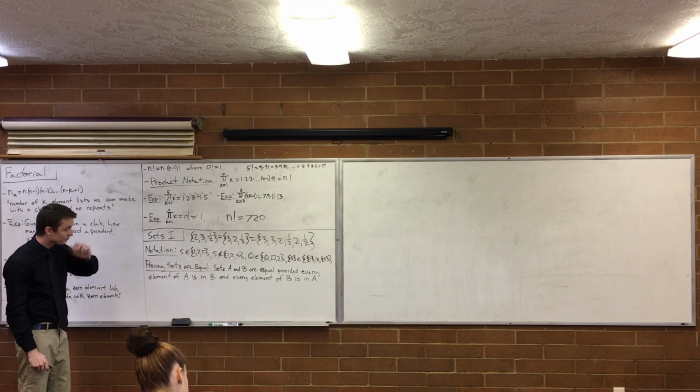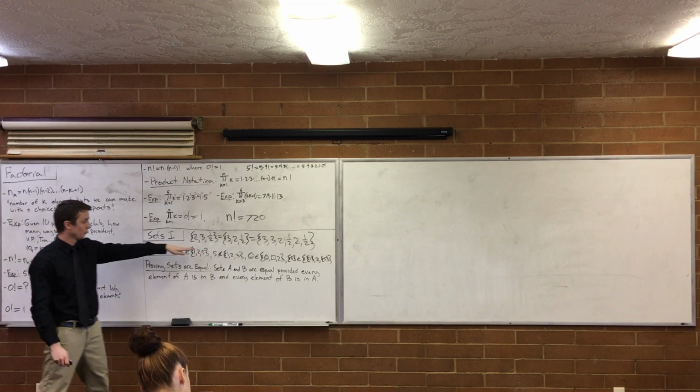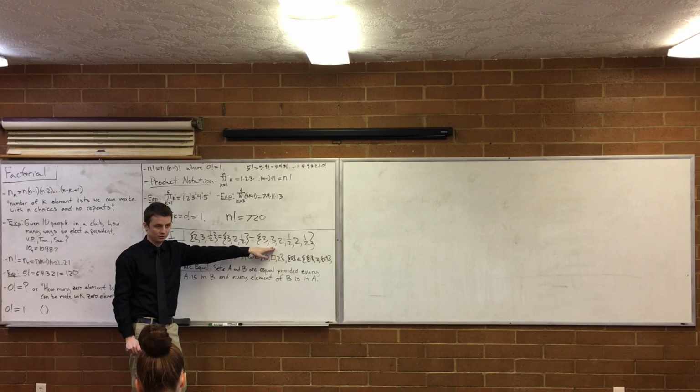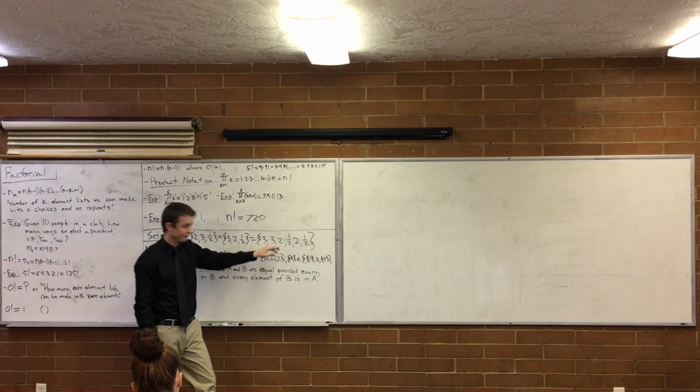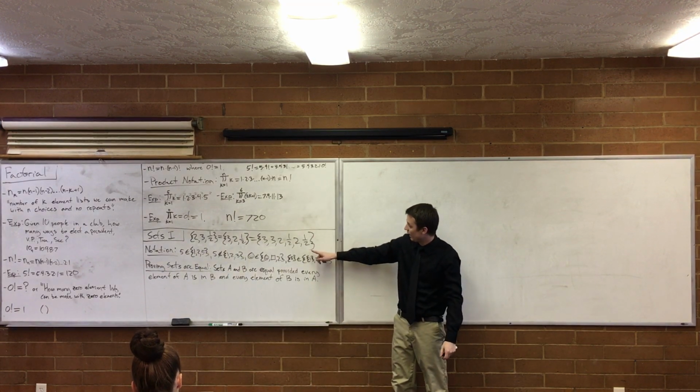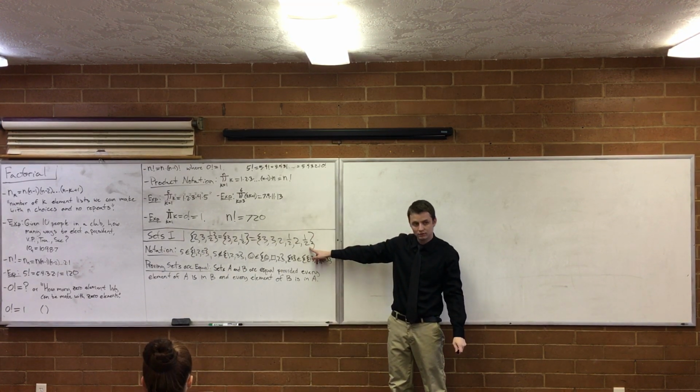So back to sets. We understand all three of these sets are equal. They're the exact same set. Right? Question: how many objects are in the set? Yeah, but you have double objects. That looks like 6.